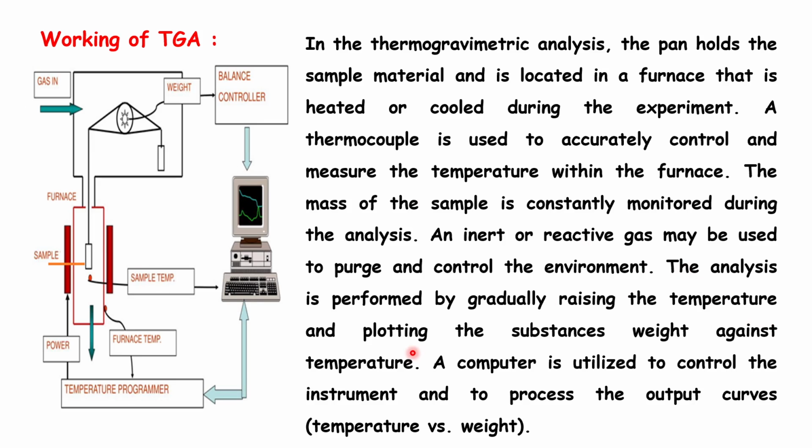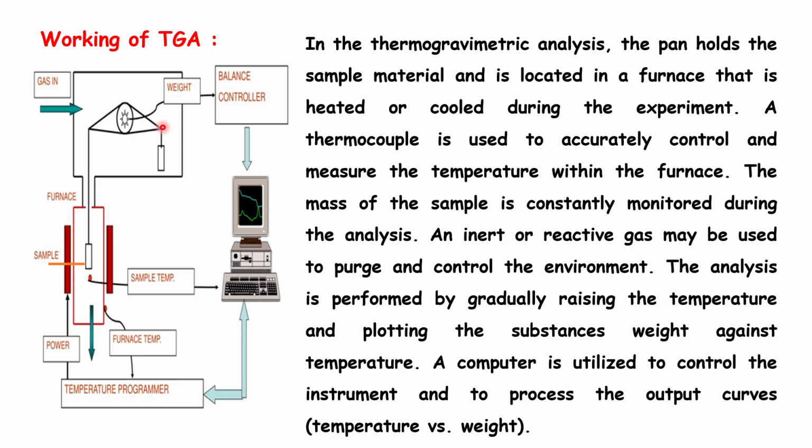and the analysis is performed by gradually raising the temperature of the furnace and plotting the substance weight against the temperature. Now here the microprocessor is used to control the instrument and to process the output curves.